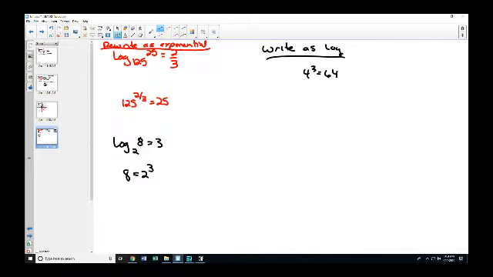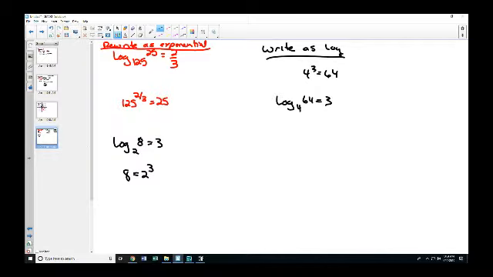Exponential 3 equals 4. What'd you say, Ken? Log 64, exponential 3 equals 4. Doesn't make sense though. Log base... Oh, I switched the numbers.